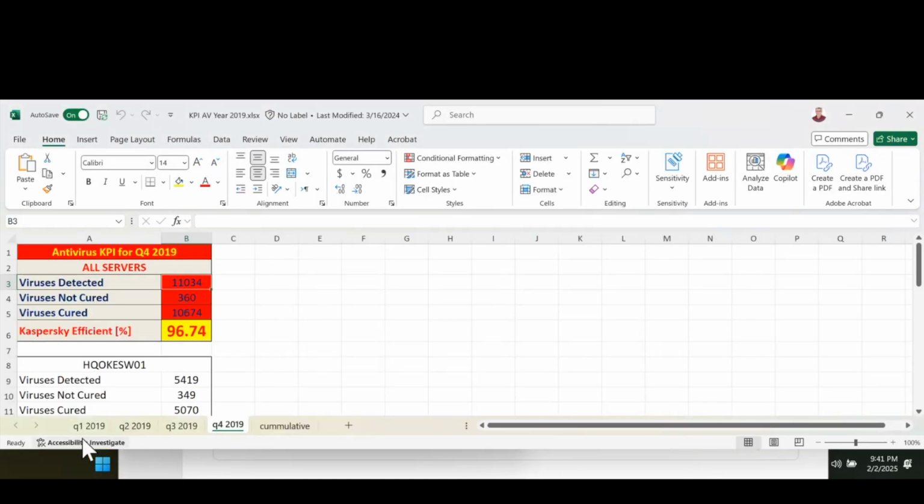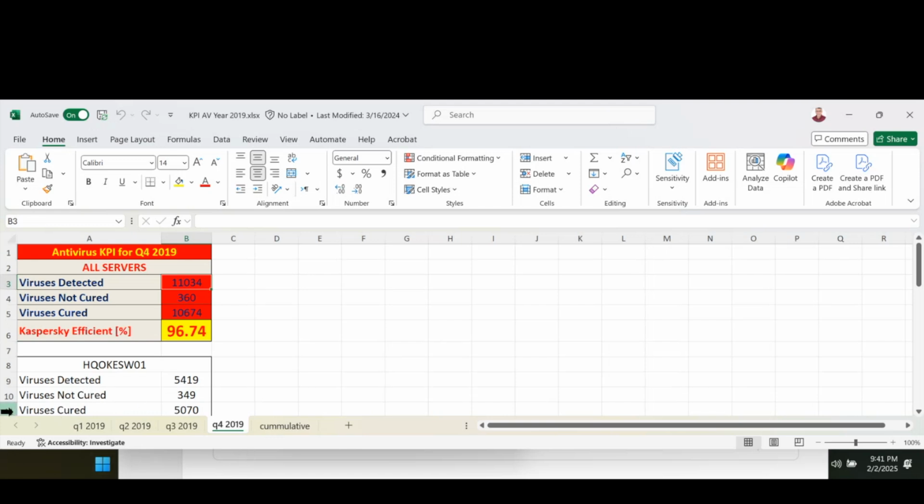Assume that my company purchased Kaspersky as an antivirus, and I decided to measure the effectiveness every quarter, in a way that by the fourth quarter, by the end of the year, I can say, yes, the antivirus was working very effectively, or we need to change the antivirus. Now, what is the purpose of the antivirus?